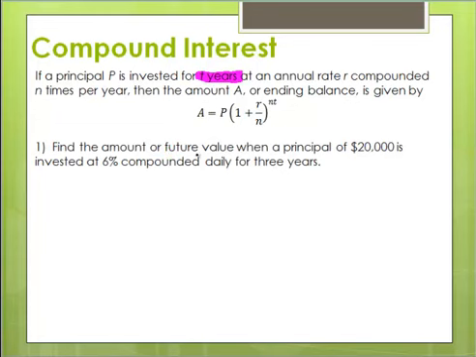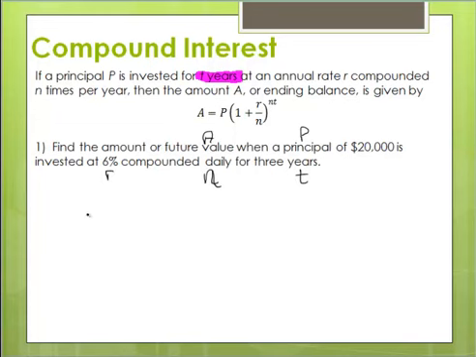Find the amount or future value, that would be A. So we're looking for A. When a principal of 20,000 is invested at 6%, compounded daily, this is your N, for 3 years.